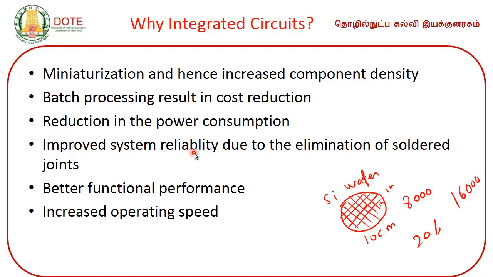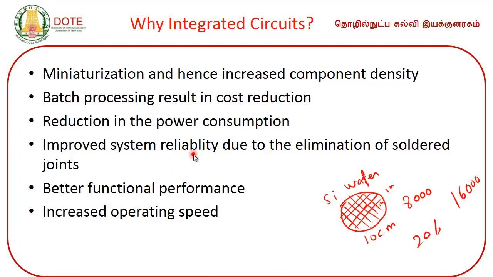What is reliability? That is, in a discrete circuit we connect the component together using soldering iron. So, there is a possibility of disconnection between the component, then the circuit will not function, whereas in the IC the connection between the components is made through the metallization process, continuous metal deposition.